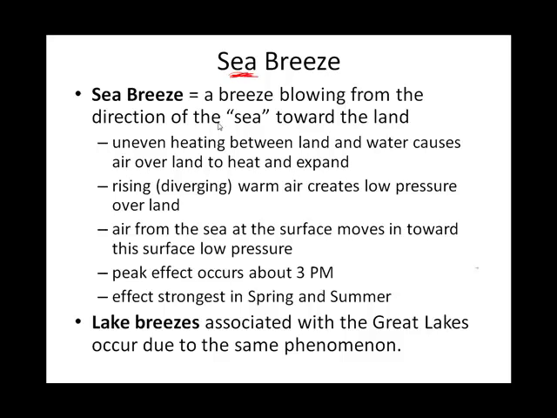The land is quicker to heat up, and so it has an artificial low pressure. So we have a pressure gradient from Lake Michigan to Chicago. This is warm, and because it's warm, it's a low pressure, and this is slow to heat up, and since it's cold, it creates a high pressure, and there you go. There's your lake breeze.